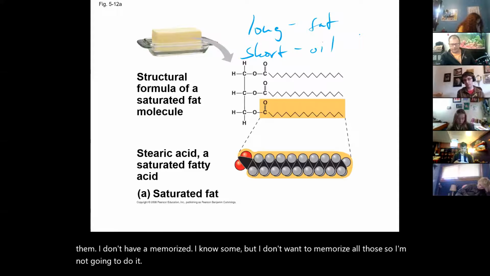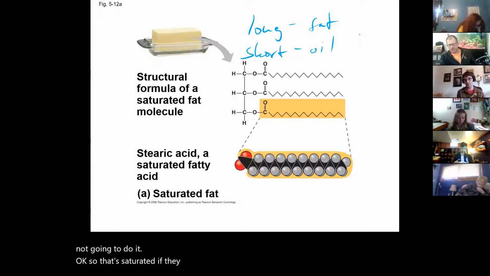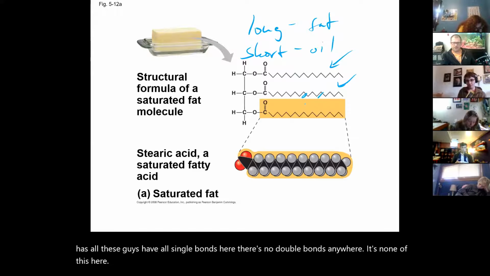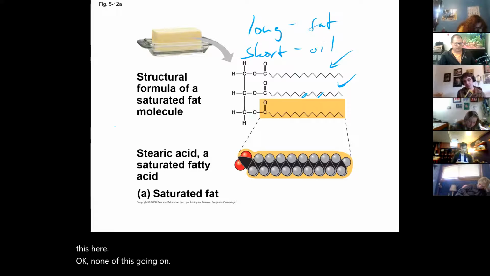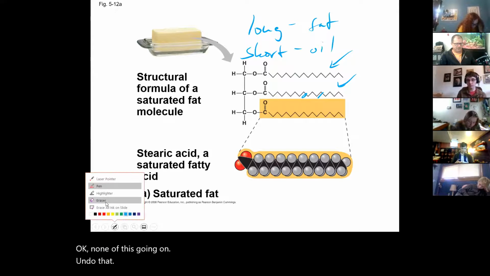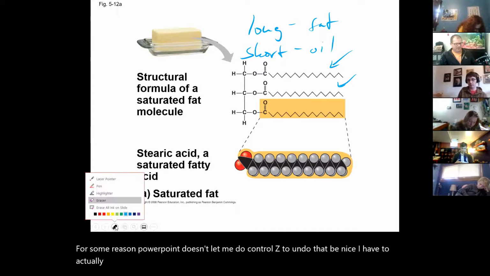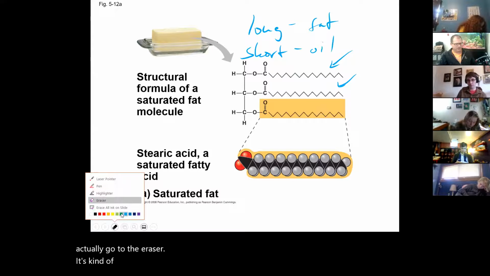Okay, so that's saturated. If they have double bonds, then it's unsaturated. Notice these guys have all single bonds here. There's no double bonds anywhere. Undo that. For some reason, PowerPoint doesn't let me do Control Z to undo. That'd be nice. I have to actually go to the eraser. It's kind of funny, but whatever. All right, anyway, let's go green here.